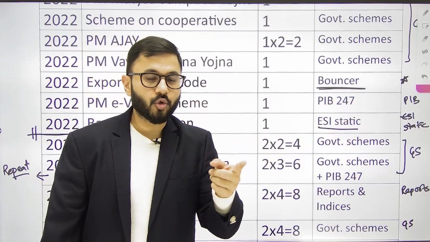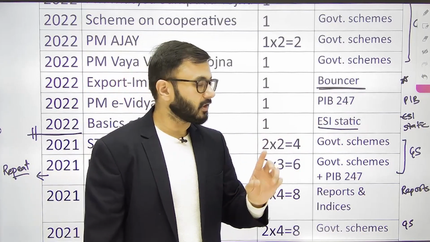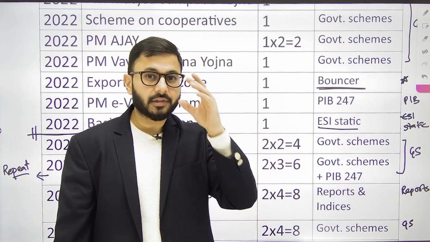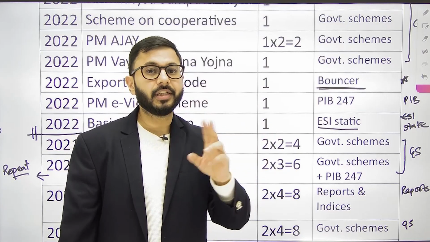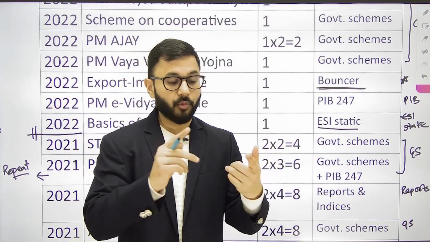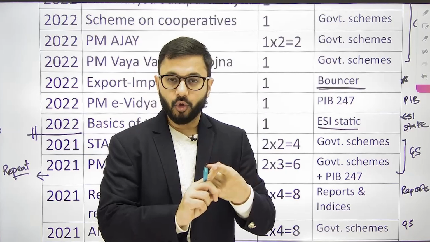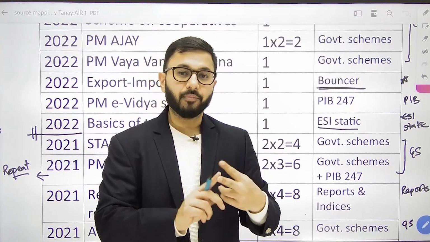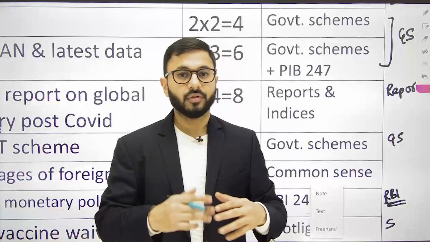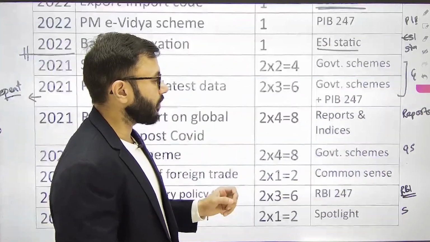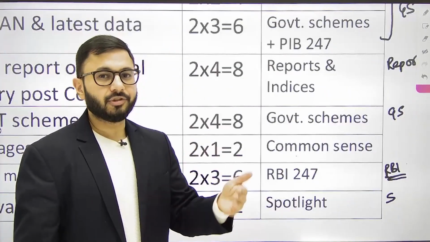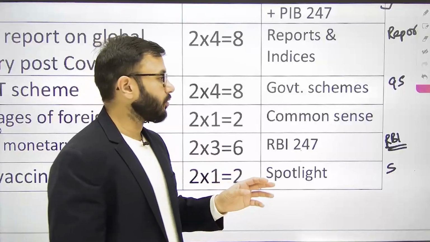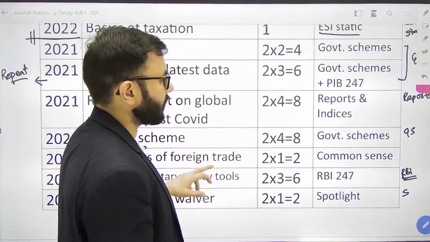So in 2022 we saw fewer questions from ESI static, more questions from schemes and PIB. In 23 we saw more diversity, more questions from ESI static, more questions from reports, fewer questions from schemes, and more questions from PIB also. That is the change that we saw in 2023, and that change in fact increased in 2024. बहुत ज़्यादा हो गया 2024 में.